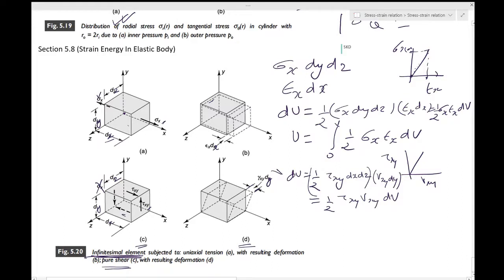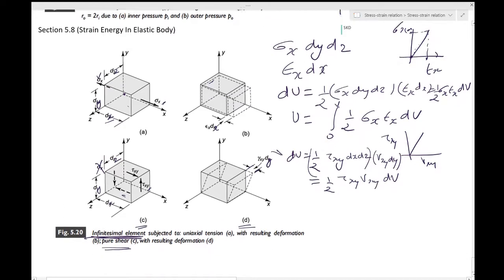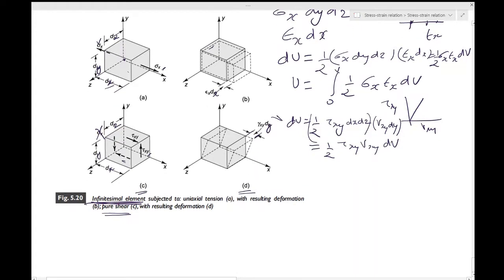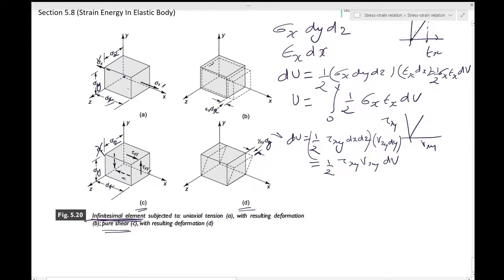Now these are the two individual cases which we have just learned about, and in reality it is unlikely that the solid, or even the point which is of interest, will be experiencing only one stress at a time. Stresses of all types may be acting at that point.